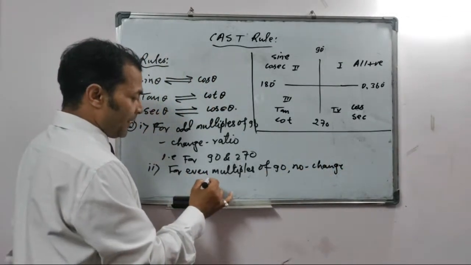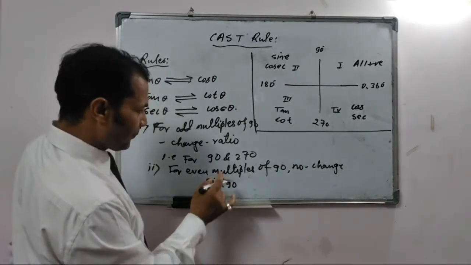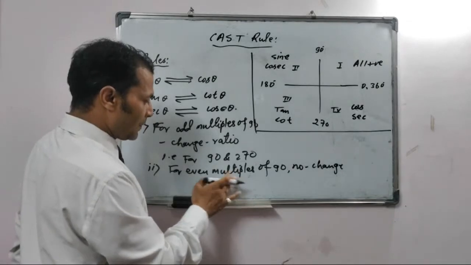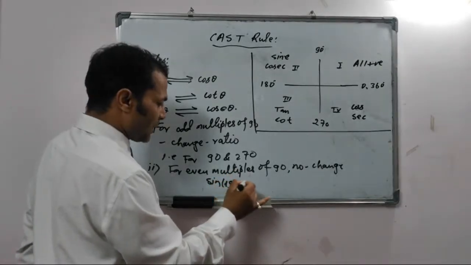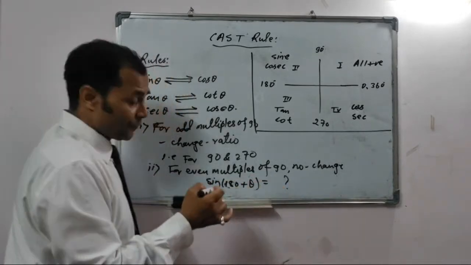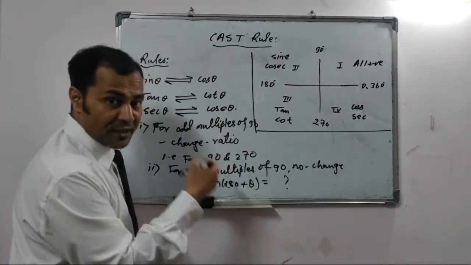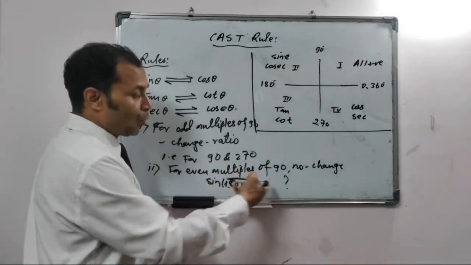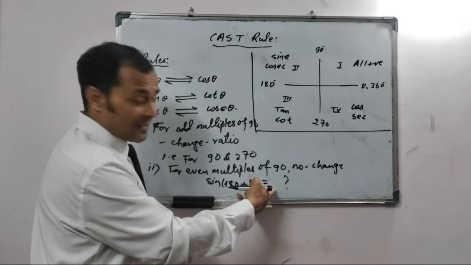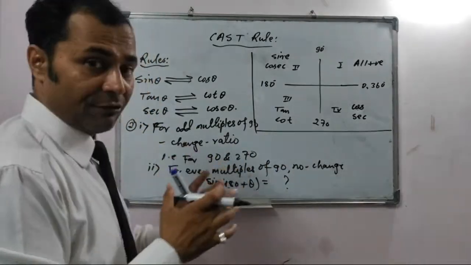It means, for example, sine 180 plus theta. In that case, what are you going to write as the value? Since here it is 180, it's an even multiple, 2 times 90. So sine won't change. It will remain sine itself. But for plus and minus, I will give you examples of how we're going to find those ratios.